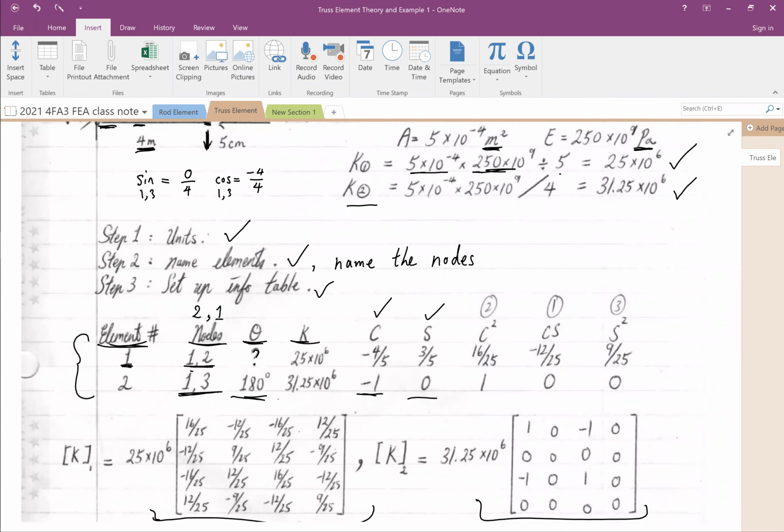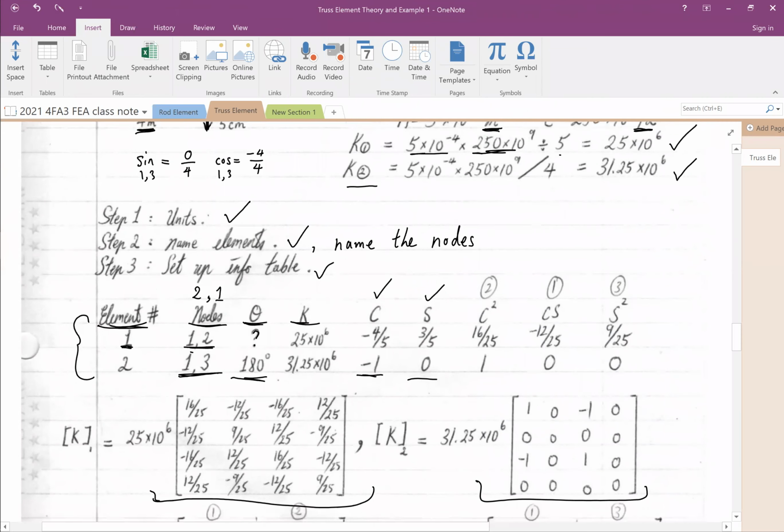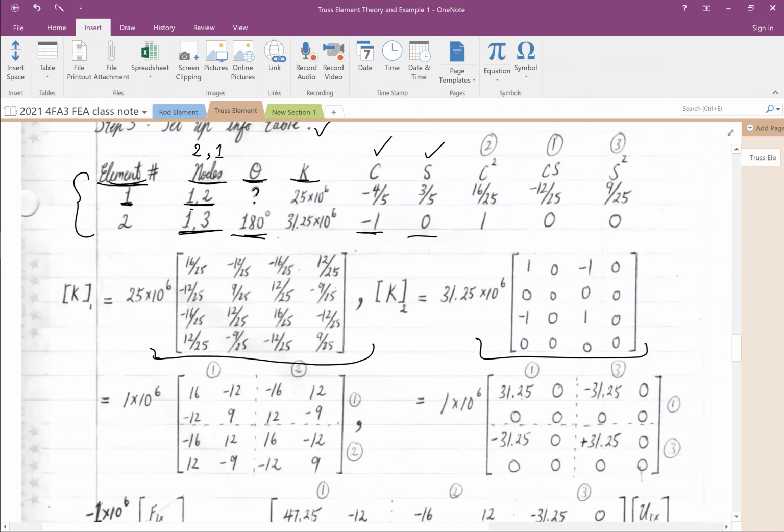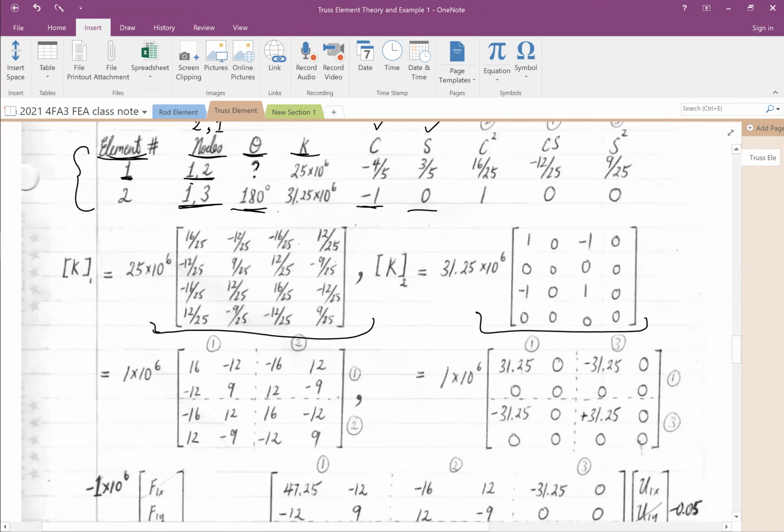Now, the next step is very important. How do we link two matrices together? First of all, let me explain that. This is the element that looks after node 1 and node 2.